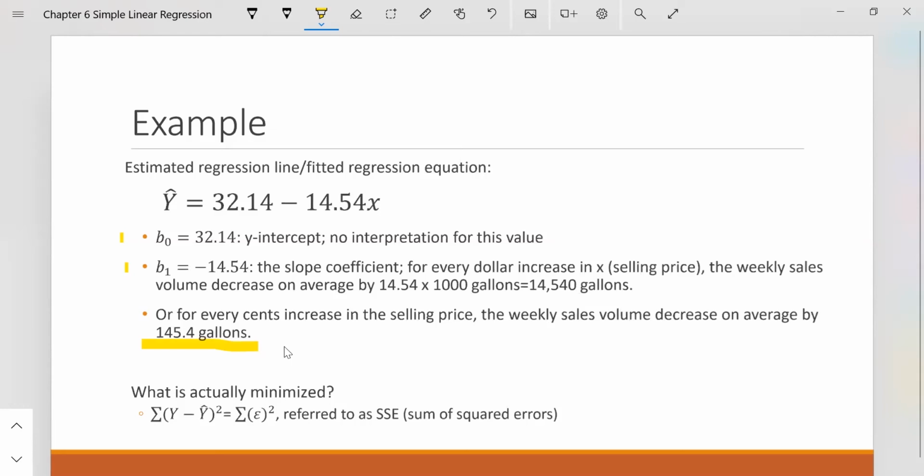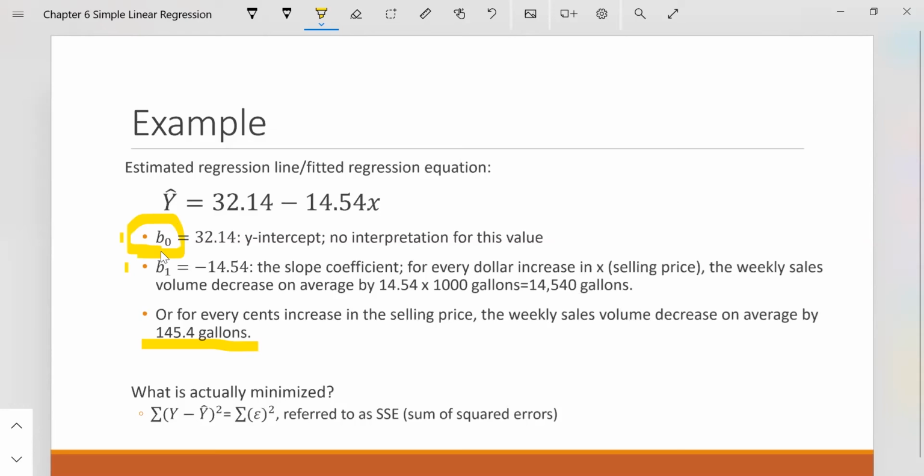And it does matter, right? Even for 1 cent, if you change your milk price, you will see a 100-gallon decrease. And this also reflects the competition in the milk market. Now back to B0. We didn't interpret that number, 32.14. It turns out we can't make sense out of it.